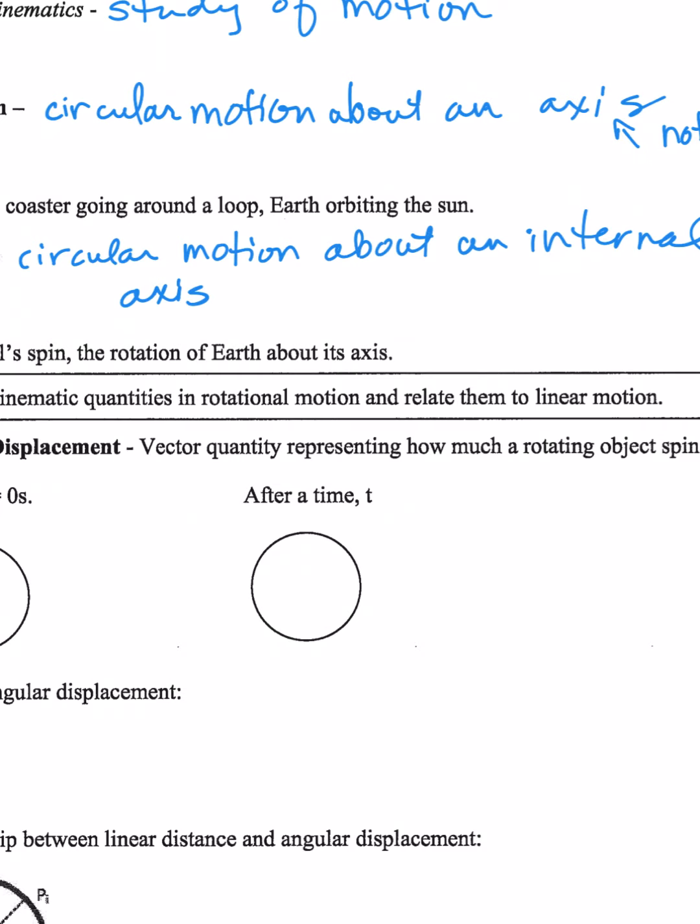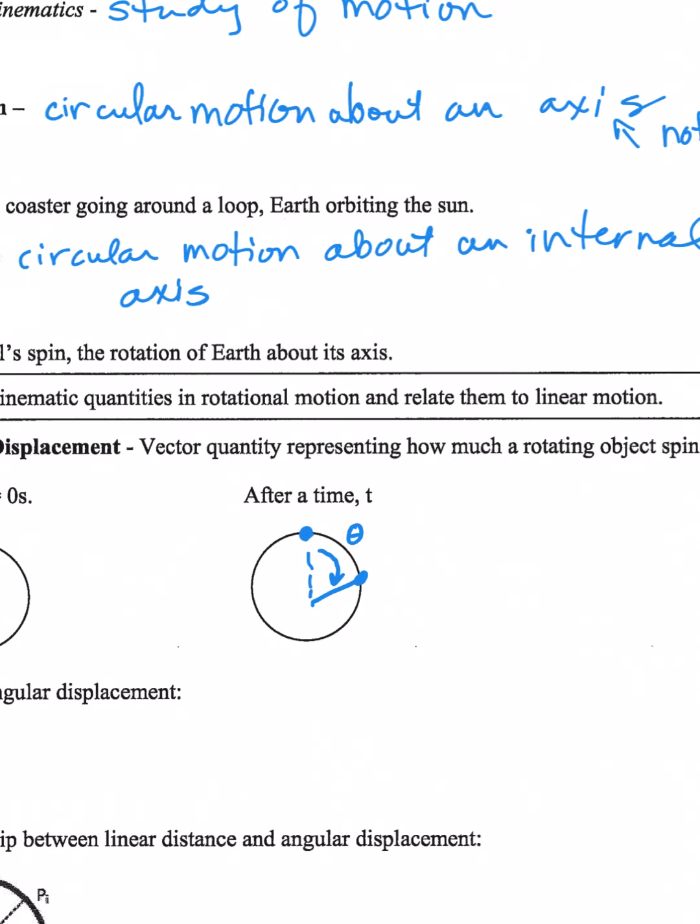At time 0, we know our object is starting here in relation to the center, okay? After some time t, it has gone from here, traveled around some distance, and gone to here. This represents some angle that it has gone, right?